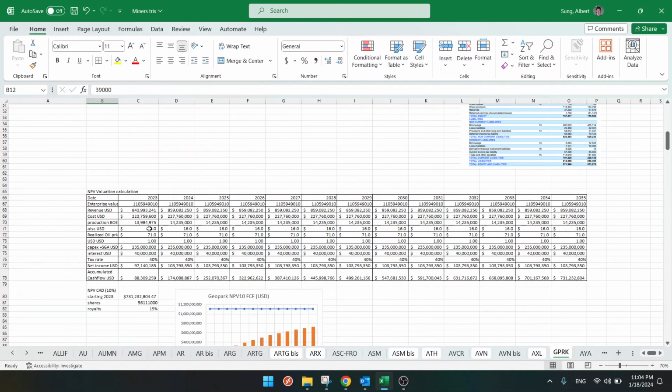So basically we have all the numbers now. This including royalties, capex, interest payments. Income is about 100 million, so they could pay off.